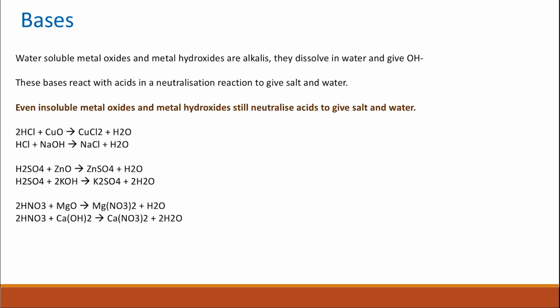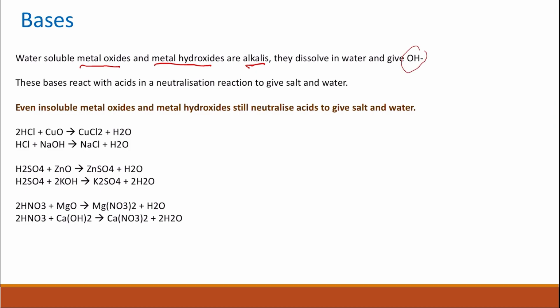Now moving on to talk about bases. We said there are bases and there are alkalis. All alkalis are bases, but not all bases are alkalis. So what are the examples of alkalis? Water-soluble metal hydroxides are alkalis because they dissolve in water to give you hydroxide ion.